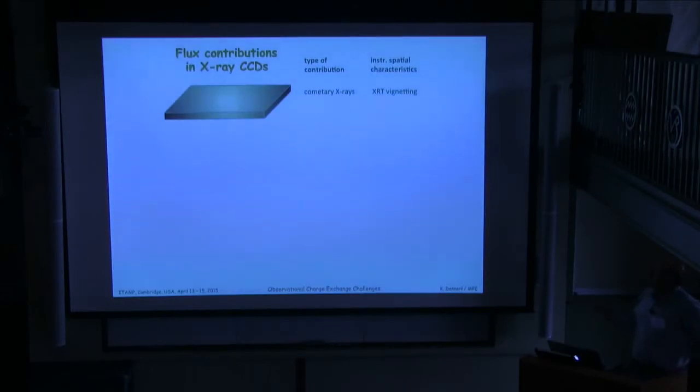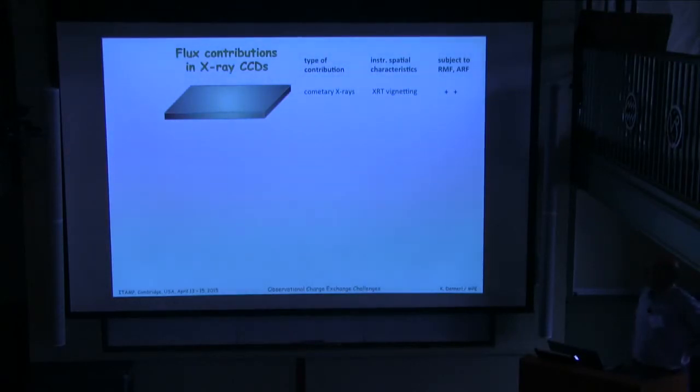One property of the cometary signal is that it's subject to vignetting by the X-ray telescope. And also, this is important for spectrum analysis, there are two important ingredients which one needs, the so-called RMF, the redistribution, which takes into account the modification of the incident spectral signal by the detector, and the ARF, the effective area, which essentially tells us the sensitivity as a function of the energy, which can be quite variable in the case of X-ray detectors.